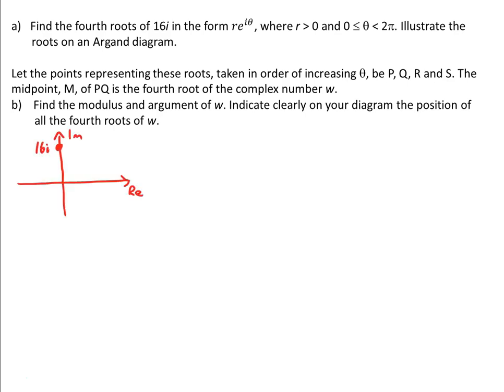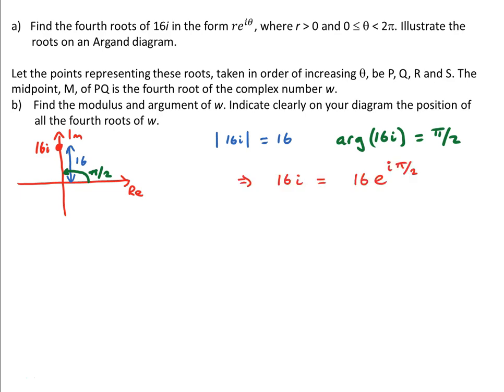Well, 16i has clearly got a modulus of 16 because it is 16 units away from the origin. And the argument of 16i is clearly 90 degrees or pi by 2. So we know that 16i is the same thing as 16e to the i pi by 2.